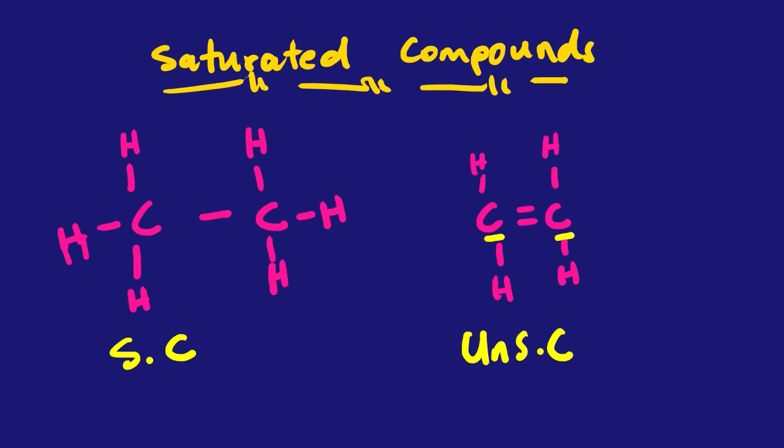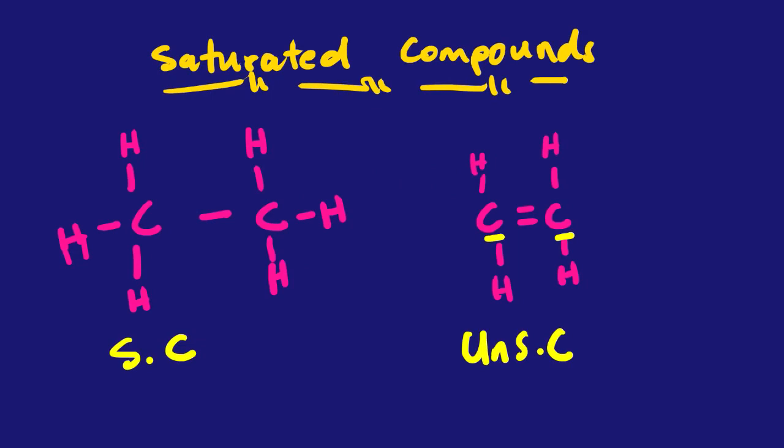By the way, the definition of an unsaturated compound is a compound with one or more multiple bonds between carbon atoms in the hydrocarbon chain. Meaning that we do have another unsaturated compound, which will be like this, having a triple bond between carbon and carbon. This is also an unsaturated compound.